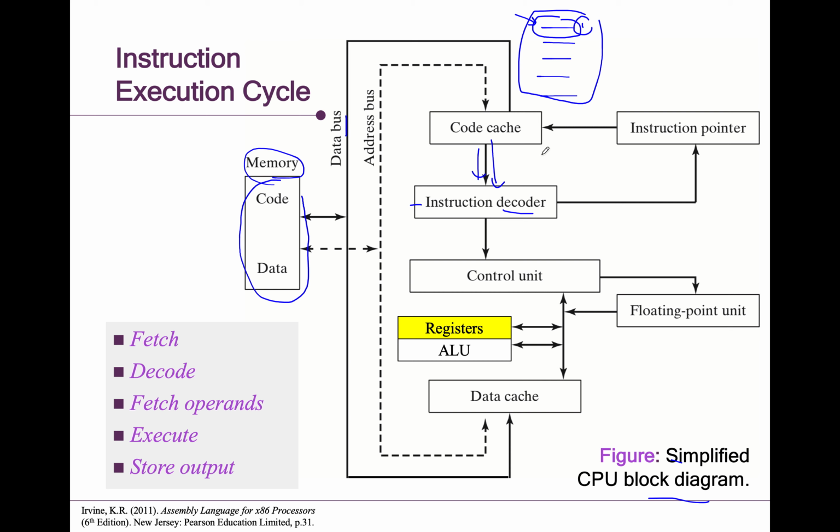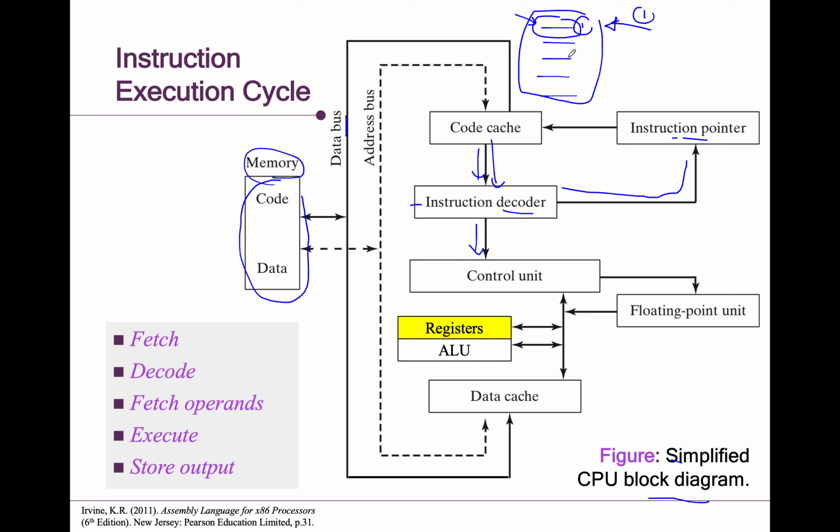Then it's going to be sent to your instruction pointer. So you already point at the first line. Then it will continue. But before that, you can see when you already finish one line, it will also send this instruction to your CPU, to your machine, to generate whatever instruction was given.